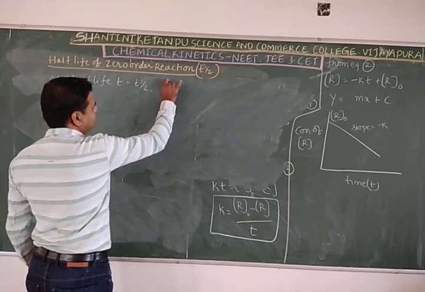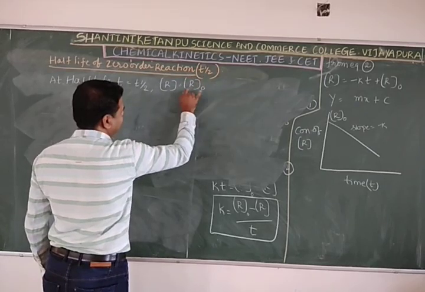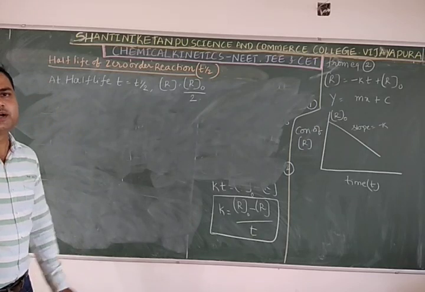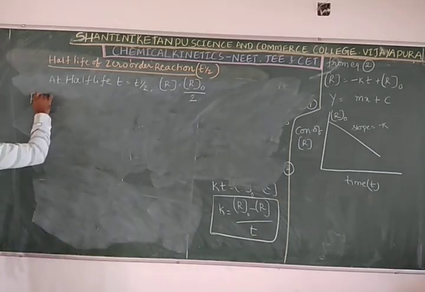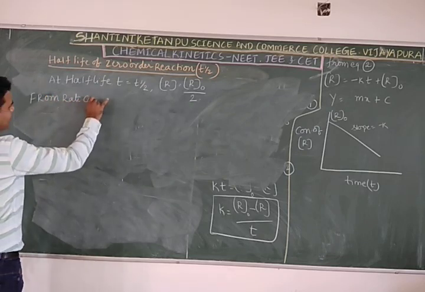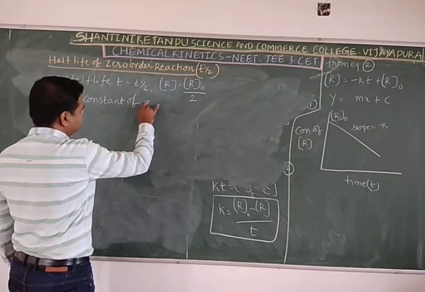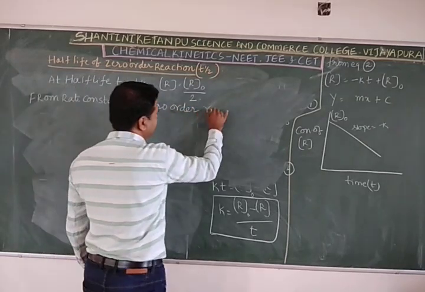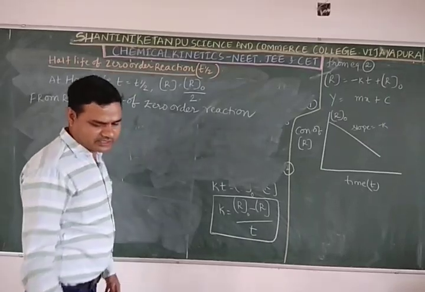Because the final concentration is becoming half, we are taking R is equal to final concentration. R is equal to what? R naught by 2, because the final concentration decreases to half of the initial value. So now, from the rate constant of the zero order reaction, what is the equation for the rate constant of zero order reaction?